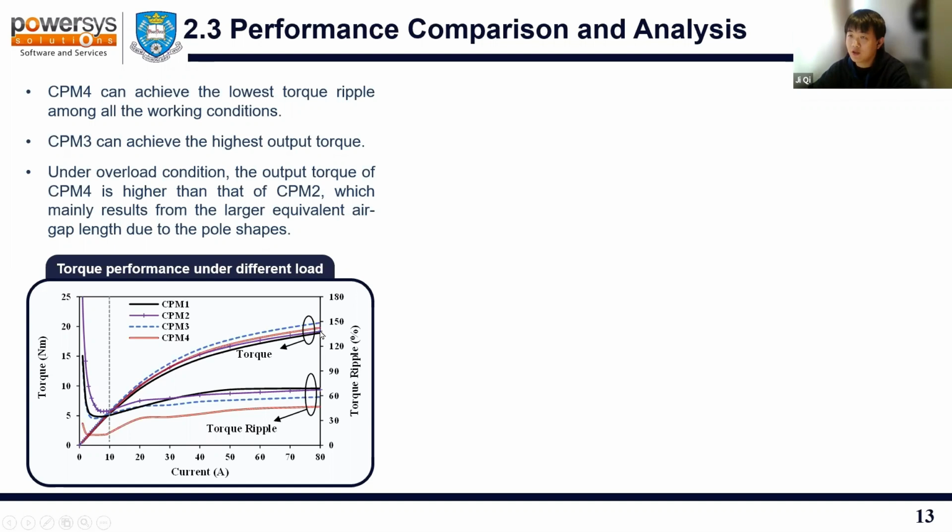Also under the overload condition, the output torque of CPM4, shown in the red line, is higher than that of CPM2, shown in the purple line. It is worth mentioning that this trend is reduced under the rated condition.